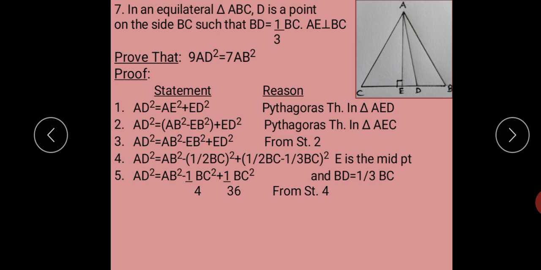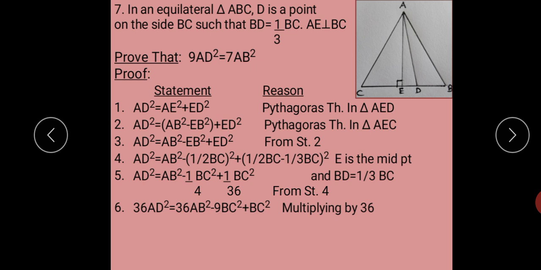And when you simplify, you get AD square is equal to AB square. That half BC square becomes 1/4 BC square. And half minus 1/3 is 1/6, and square of 1/6 is 1/36 BC square. We will multiply throughout by 36.